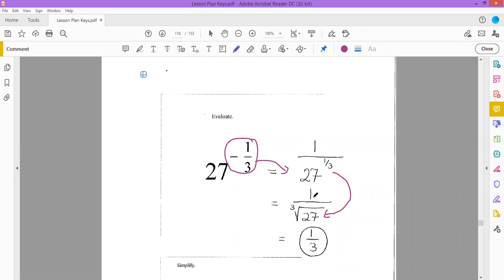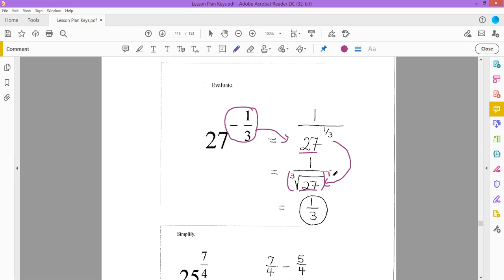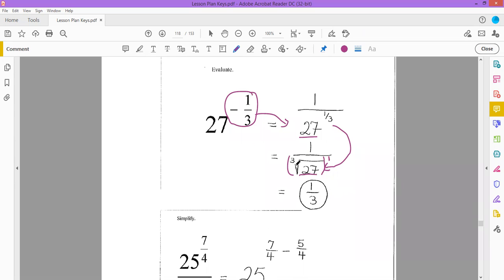The 3 is the denominator of the fraction, so that becomes our root. So we have the cubed root. That base of 27, we place that underneath the root. And all of this is being raised to the first power. But we know by raising a term to the first power, it just remains the same. So it becomes the cubed root of 27 in the denominator. The cubed root of 27 is 3. You punch that into your calculator. So you have 1 over 3 as your answer.